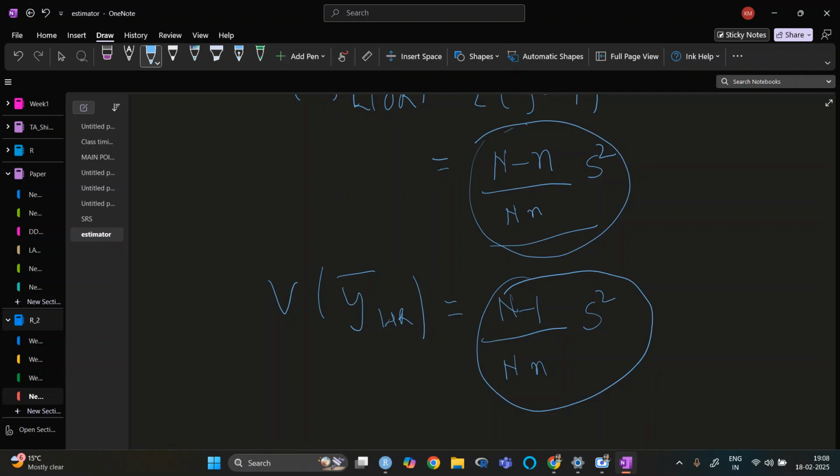The important thing here is that here it is N minus n, and here it is N minus 1.